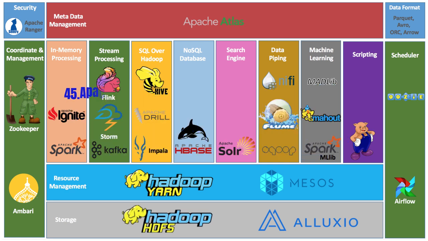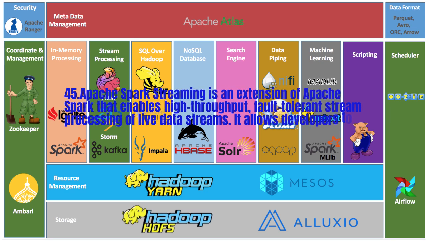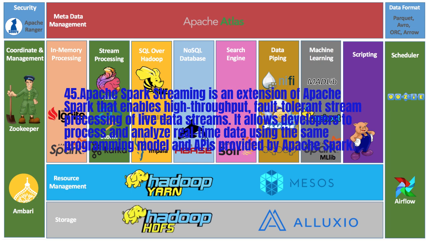Apache Spark Streaming is an extension of Apache Spark that enables high throughput, fault-tolerant stream processing of live data streams. It allows developers to process and analyze real-time data using the same programming model and APIs provided by Apache Spark.